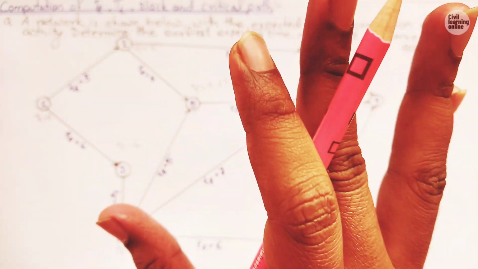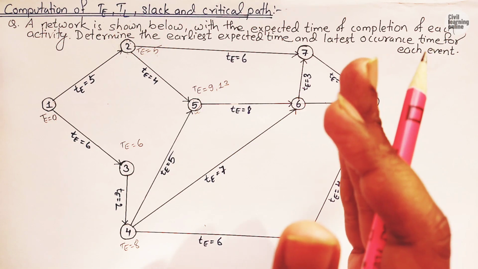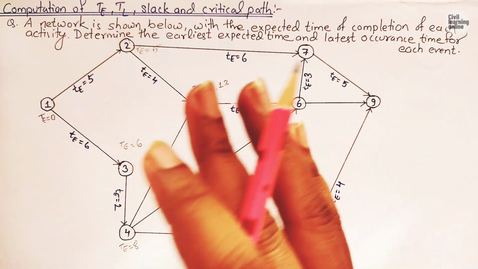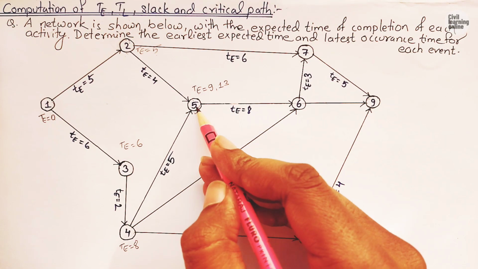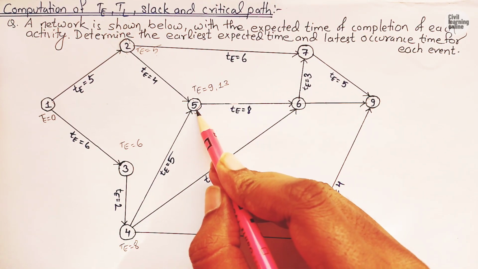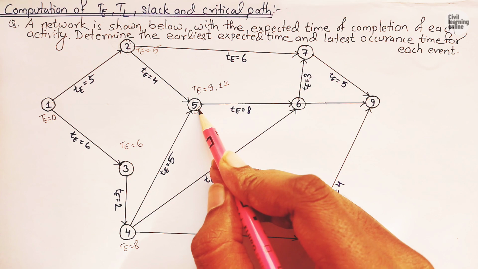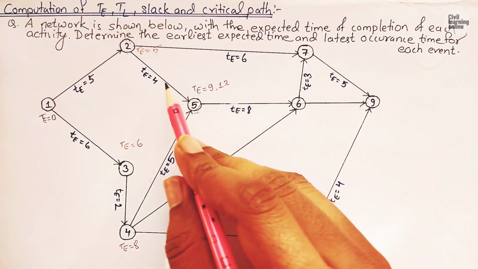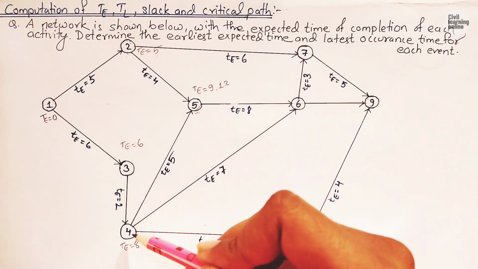I have mentioned the reason in the previous lecture, and that was we cannot move further until the particular event is completed. Suppose we are to complete this event 5, we cannot come to event 5 until and unless event 2 and event 4 are completed.